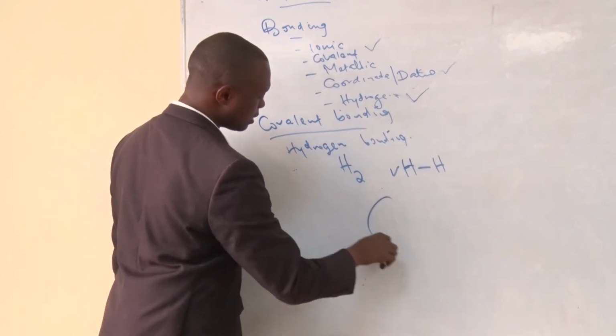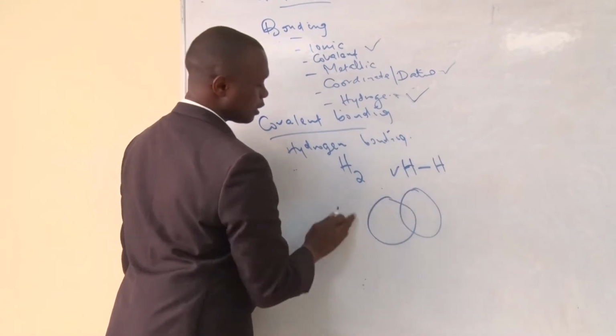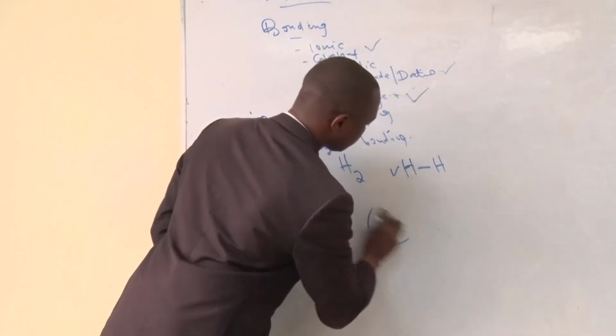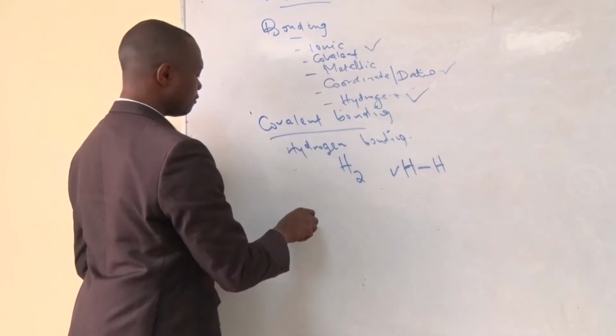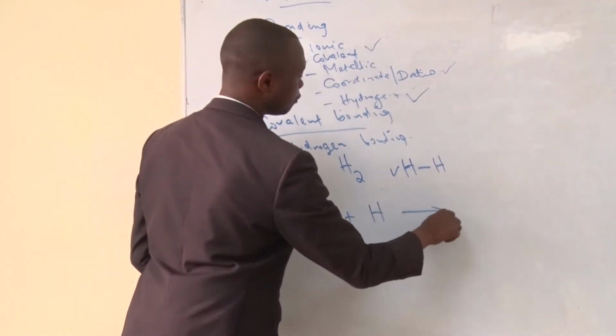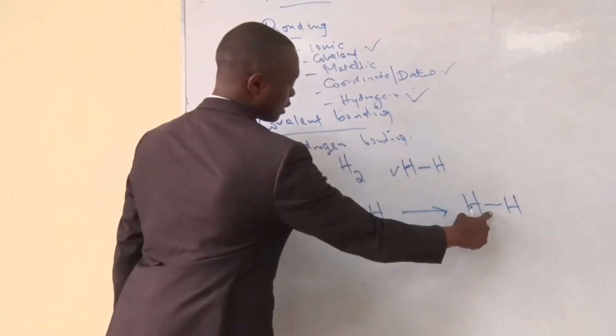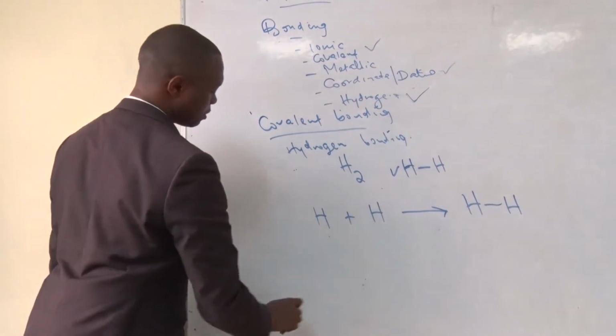That is hydrogen, another hydrogen molecule. So, okay, let me just do it this way. We have one hydrogen combining with another hydrogen molecule, we're forming that one. That's covalent bond. So we can also indicate this by using the particular diagram.